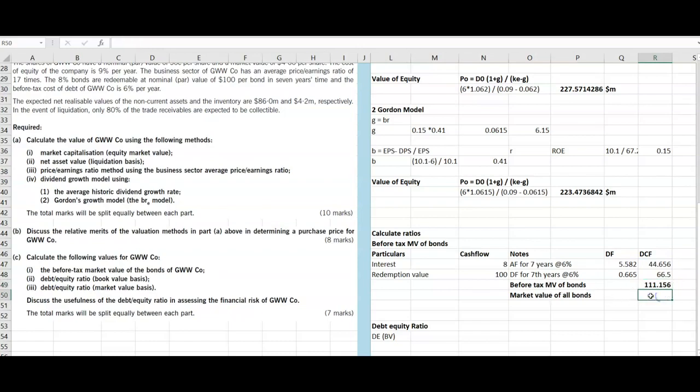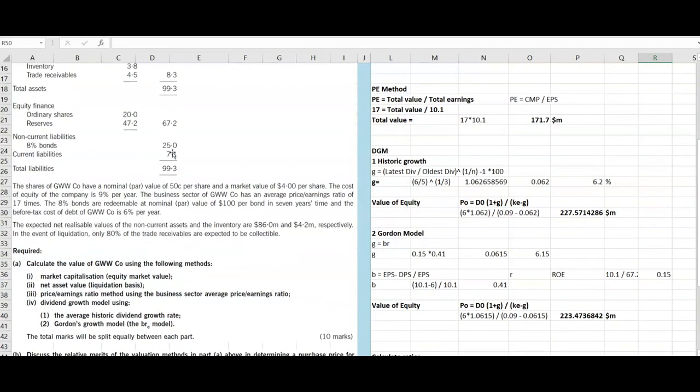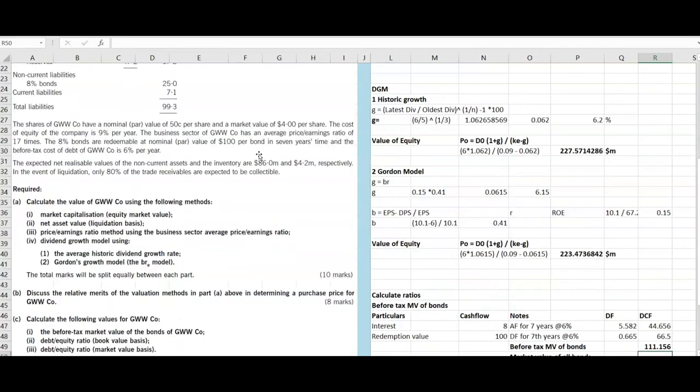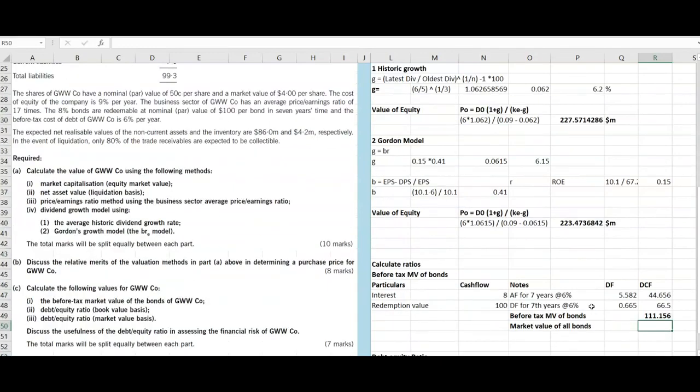So we don't want the value of one bond, we want the value of all the bonds. So try to find out what is the book value of all the bonds. It comes to 25 million. So we can put it like this. 25 million represents 100 value of nominal, but the market rate is 111.156.